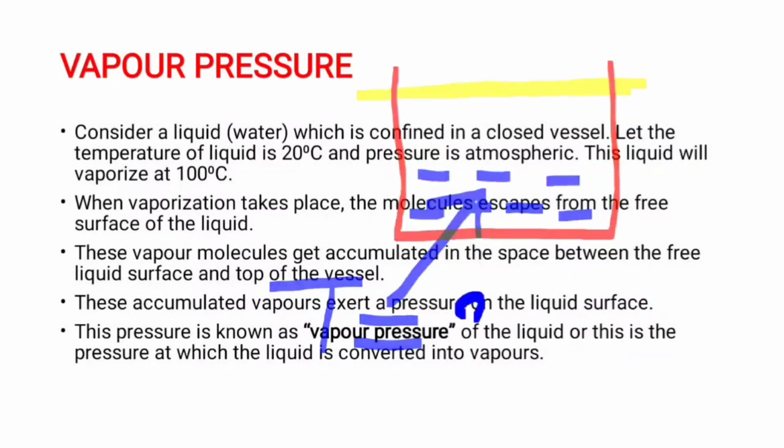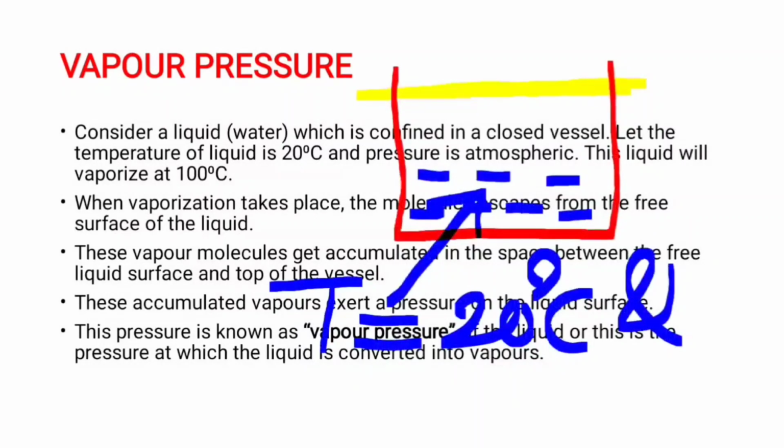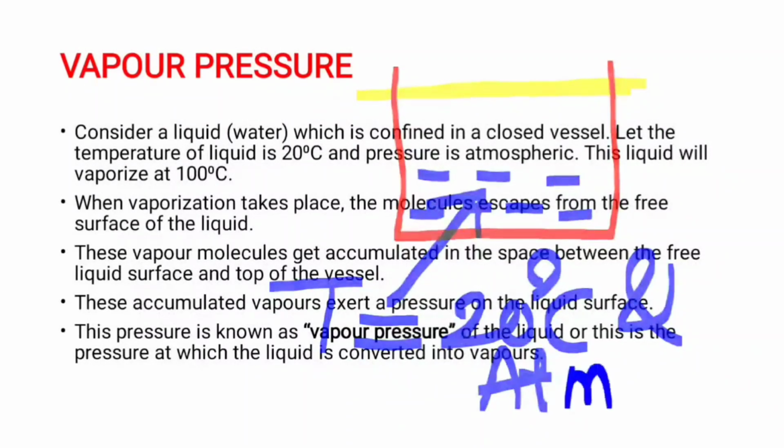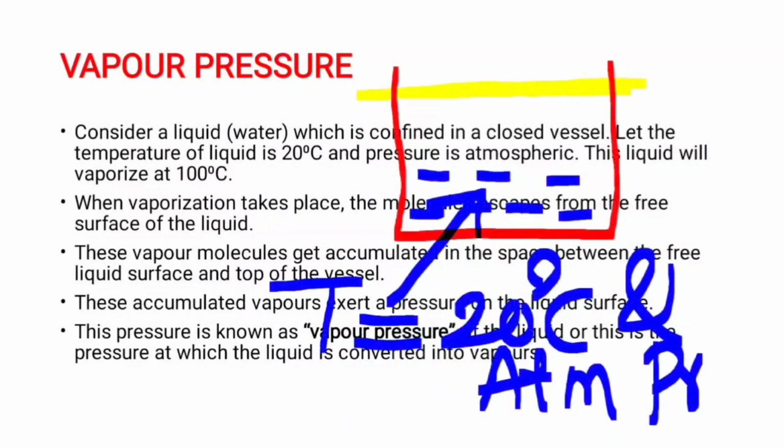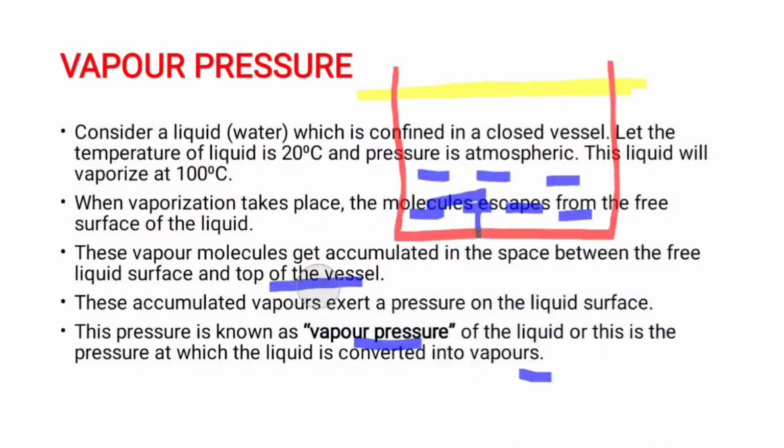Initially the temperature is 20 degrees Celsius and the pressure is atmospheric pressure. It is heated up, and the liquid will vaporize at 100 degrees Celsius.